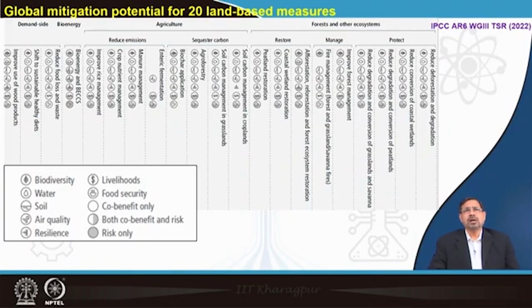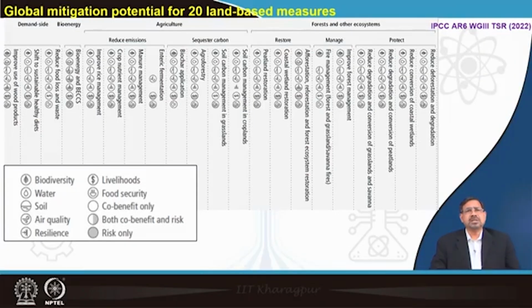Coming to the global mitigation potential for 20 land based measures, it is mentioned here as far as agriculture and forest are concerned. Coming to the demand side, on this side you have a shift to sustainable healthy diets.